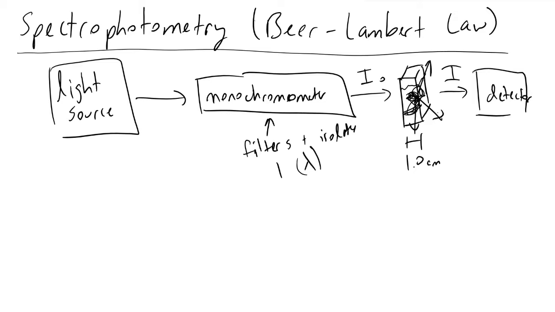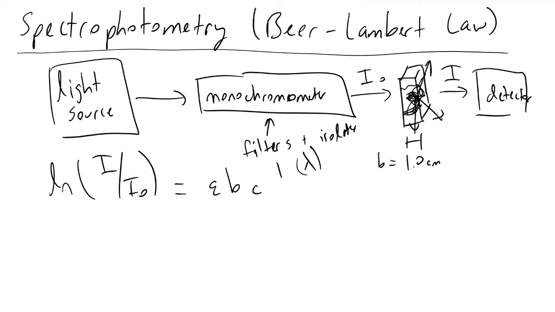And so what the Beer-Lambert law tells us is that the natural log, ln, of I over I naught is equivalent to the molar absorptivity coefficient epsilon times B, the path length of your cuvette, which is very commonly 1 centimeter, times C, the concentration of your solution.